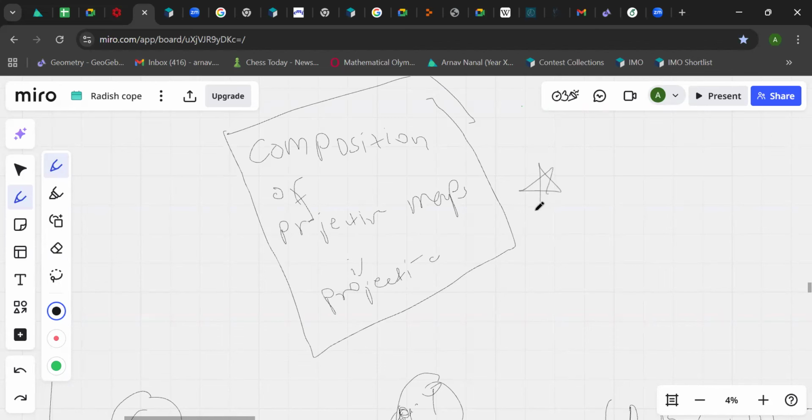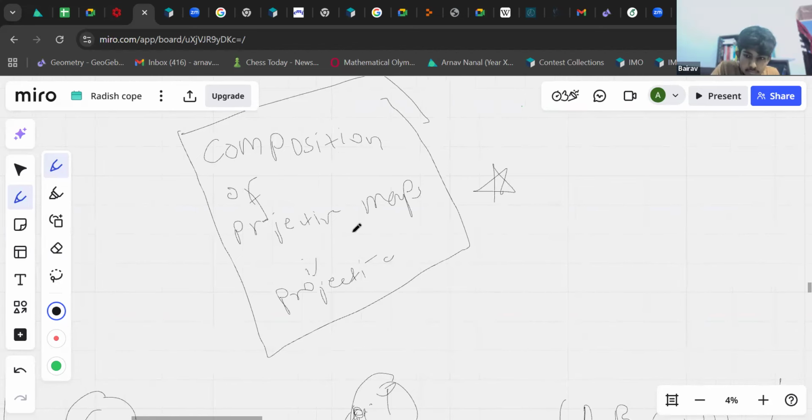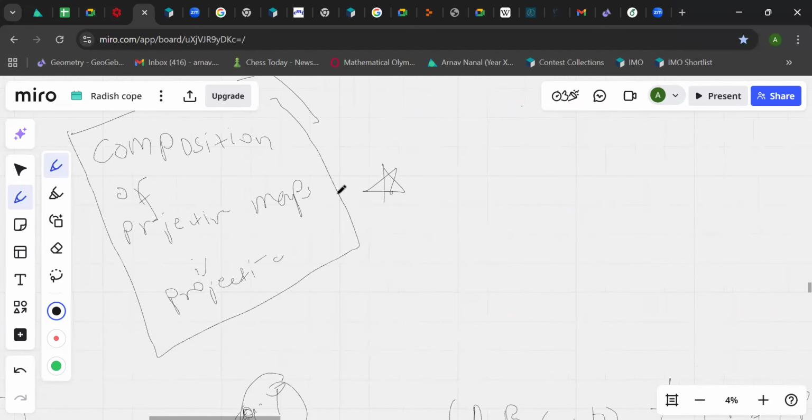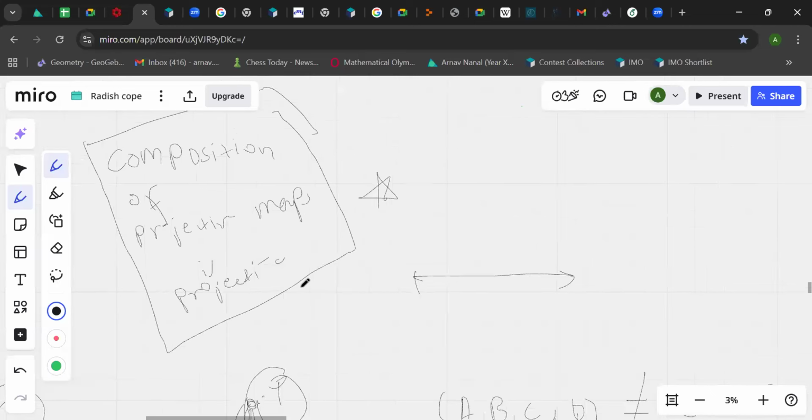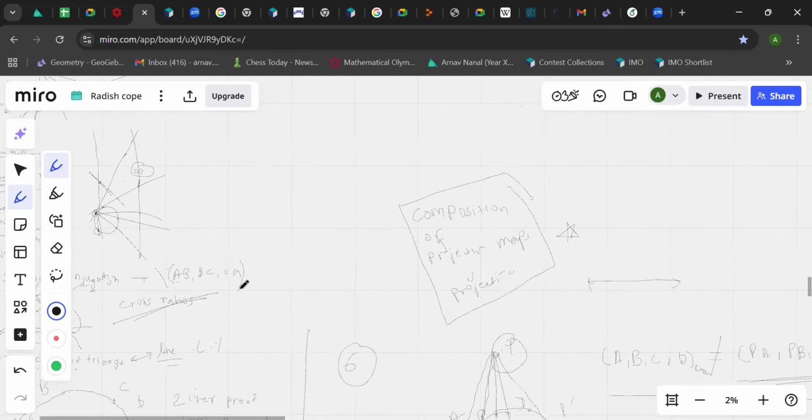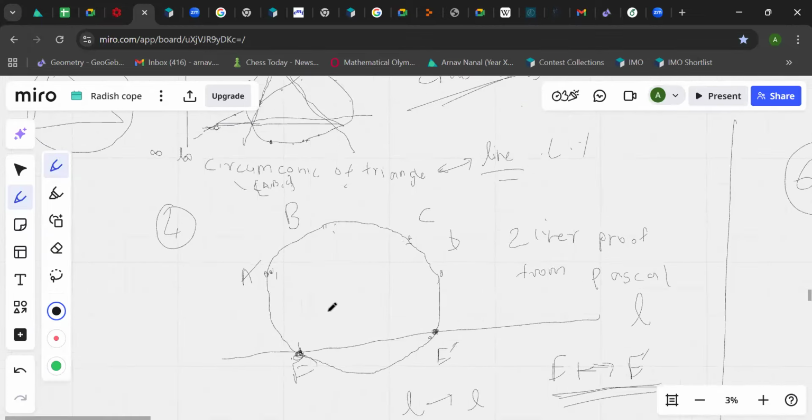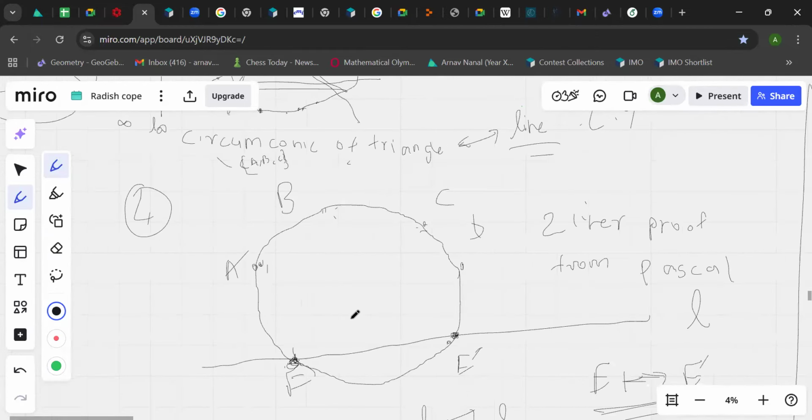Do people know what composition means? If you take two projective maps one after the other, then the eventual map that you get is projective. You can prove this using Pascal's. It's basically a two-line proof. It's just saying that they are concurrent.